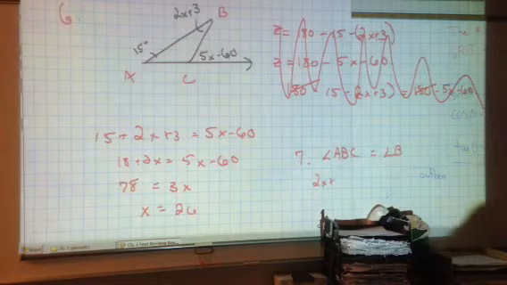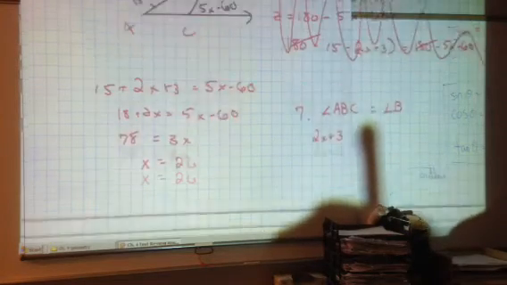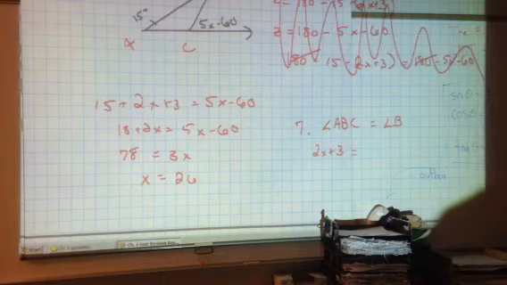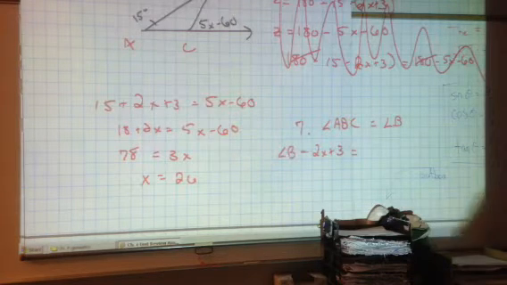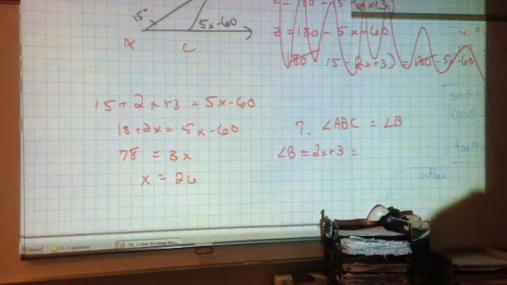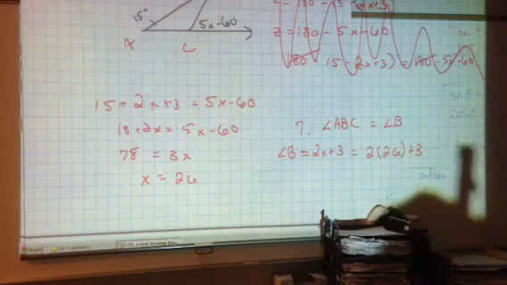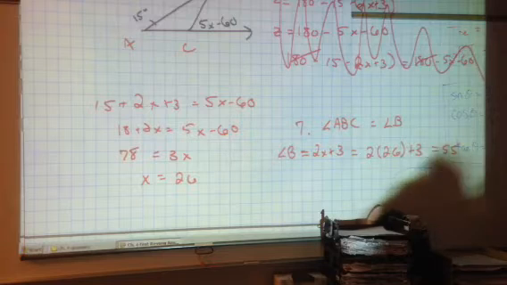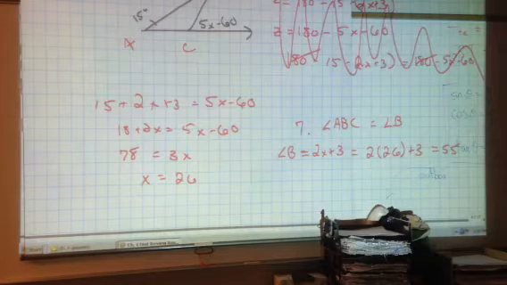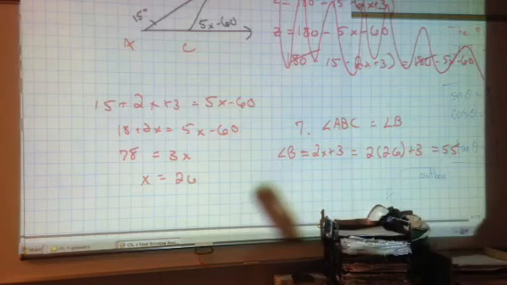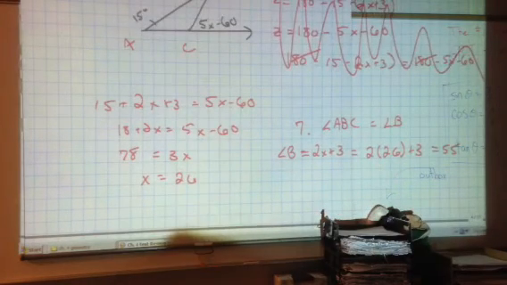So I'm just looking at the 2x plus 3, and this is what angle B equals. I'm going to plug in 26 for x. So you get 55, right? Yep. So, got that, and that's number 7.